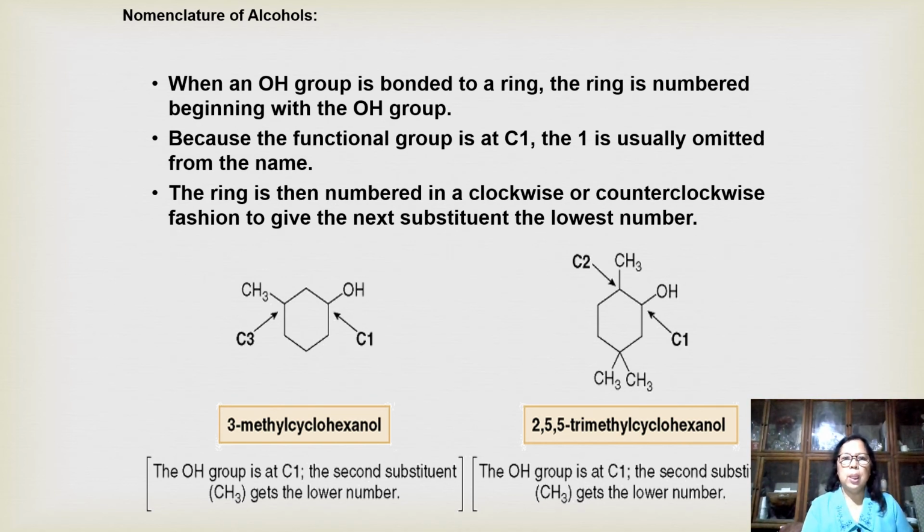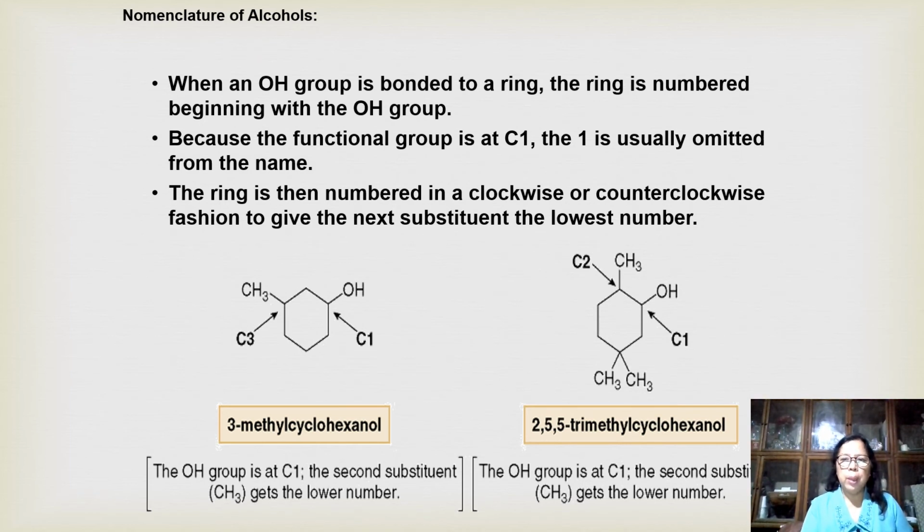Okay, let us try to look at this example. You have, of course, still cyclohexanol, but here is your OH group, and the nearest alkyl group is this one. So you have 1, 2, 3, 4, 5.